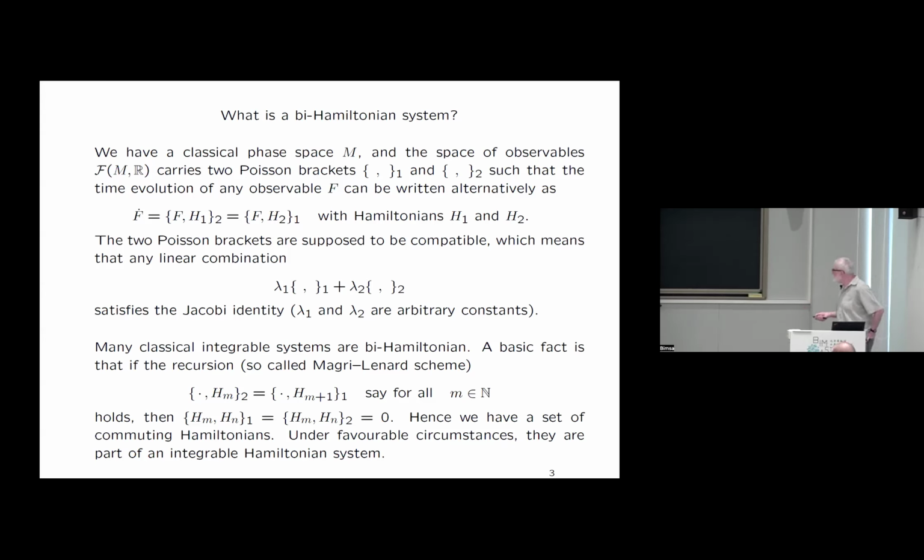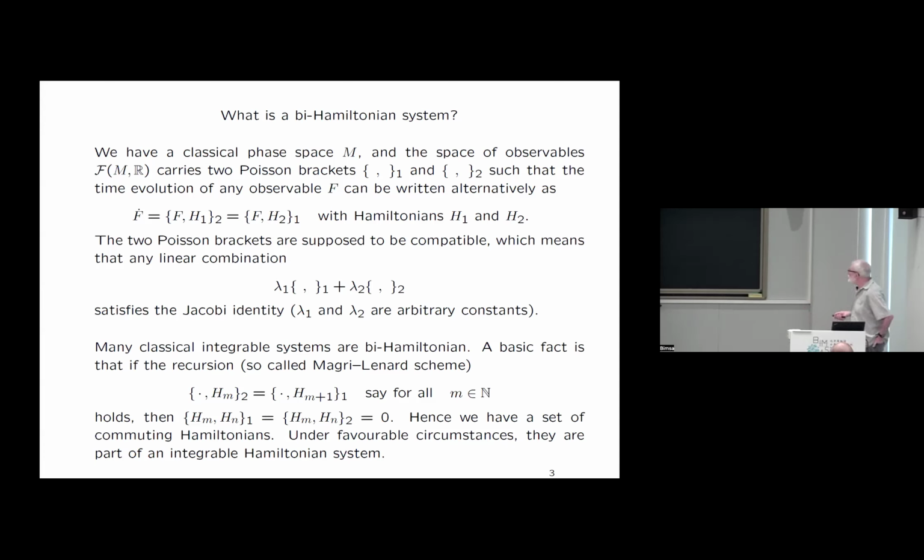And in addition, we require that an arbitrary linear combination of these two Poisson brackets is also a Poisson bracket, so the Jacobi identity is also satisfied for an arbitrary linear combination. Then we say that this is a Bi-Hamiltonian system.